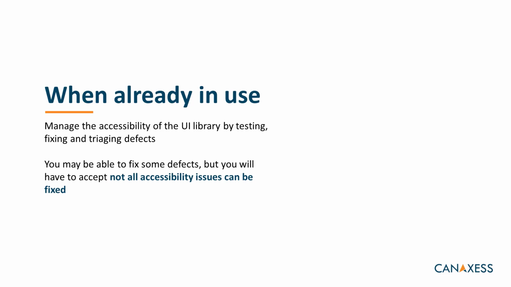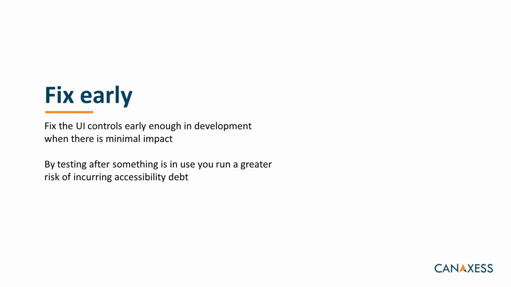If the controls are already in use, it becomes a parallel project playing catch up to manage the creation of new features, but also manage the accessibility of the UI components by testing, fixing and triaging issues. You may be able to fix some, but you will have to accept not all accessibility issues can be fixed. If you can, fix the UI controls early enough in development when there is minimal impact to the project.